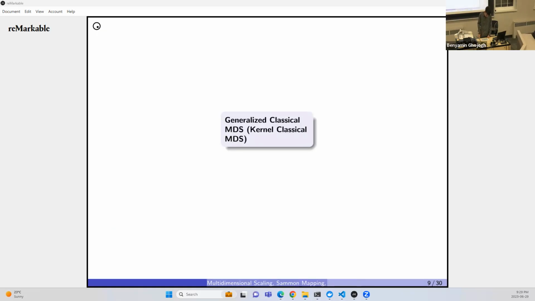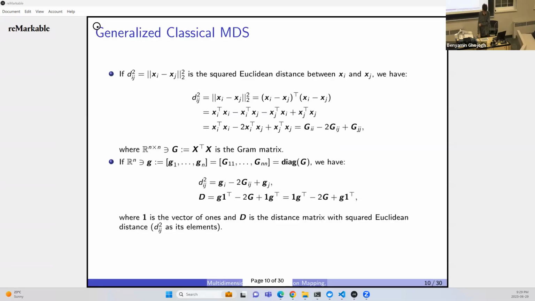Another variant of that is generalized classical MDS or kernel classical MDS. Assume the squared Euclidean distance between xi and xj is this, and I denote it by dij squared. I can write it, recall preliminaries, as this transpose this.